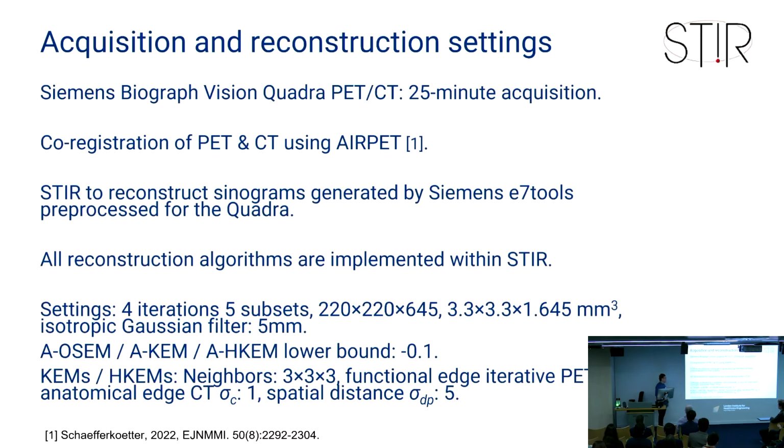There are settings for the iterations, the subsets, the voxel size, and the matrix size, and we just follow the same settings as we usually do in the clinic. If we apply a Gaussian filter, we apply a 5 mm Gaussian filter, which is also what we commonly do in our hospital. For the versions allowing negative values, we use a lower bound of minus 0.1 this time. For the kernels, we have hyperparameters defined only for this application.